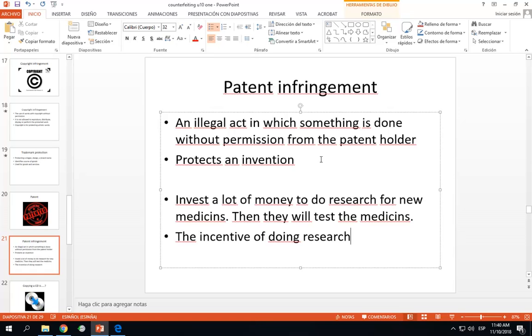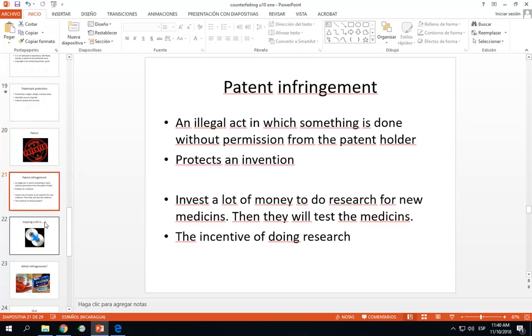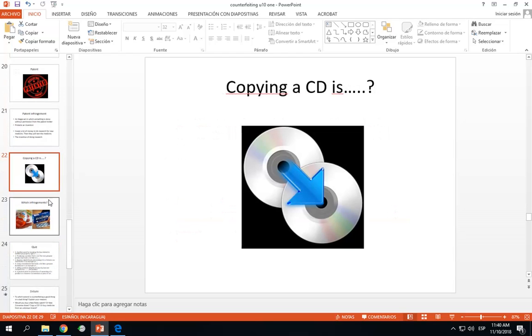Because there's a patent law, because there's patent protection, that's why pharmaceuticals have the incentive to invest, and in that way people will get access to new medicines and cures for diseases. Very important. Of course, you can think, oh yes, but people in Africa may not have the money to buy their medicines. But we're gonna talk about that later.